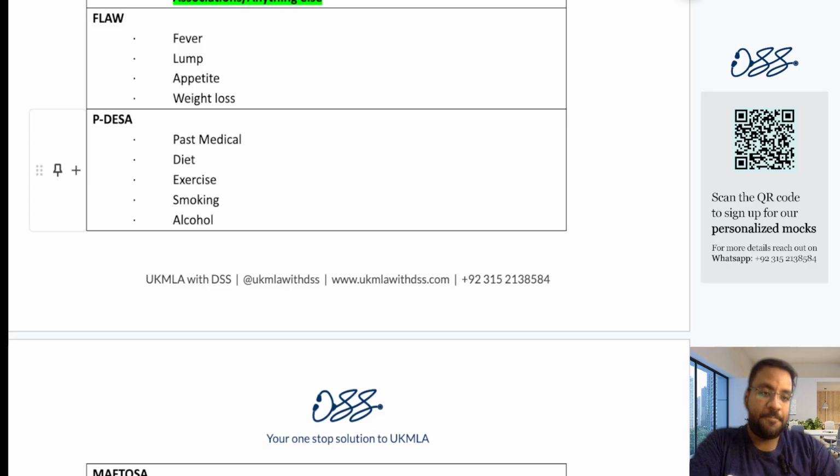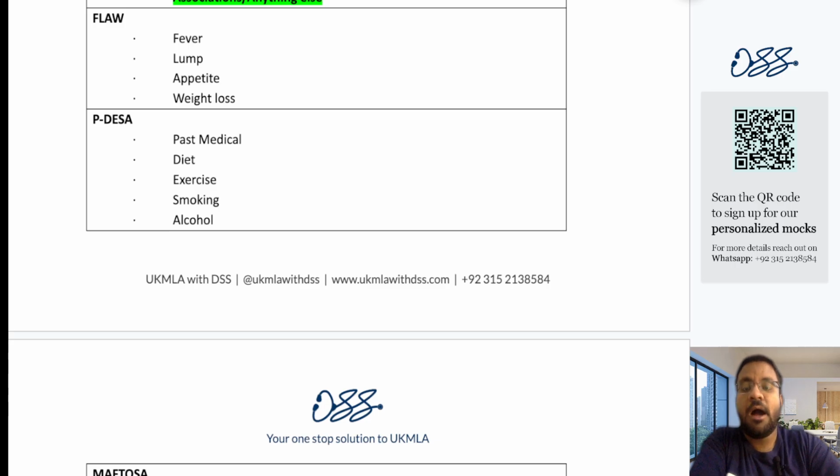All right. So that was the very first layer. Okay. Now let's just move on to this next layer of the data gathering of the medical history taking. Okay. That is the FLAW. Okay. FLAW basically stands for fever, lump, appetite, and weight loss.